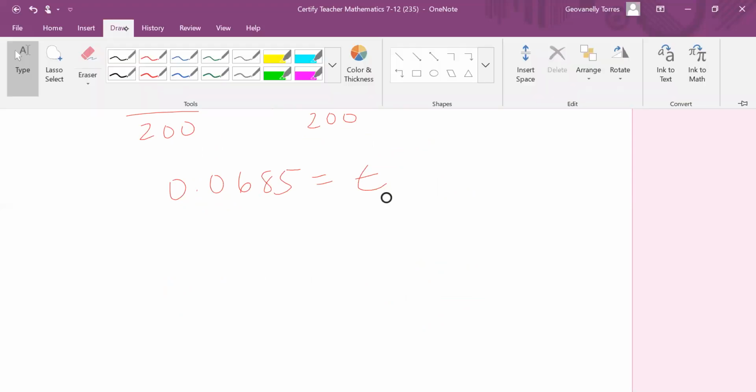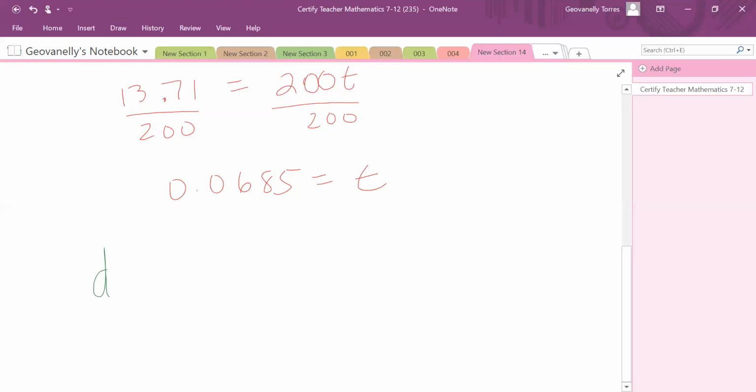So here we know that distance is equal to velocity times time, and we know time is equal to distance divided by velocity, and velocity is equal to distance divided by time.